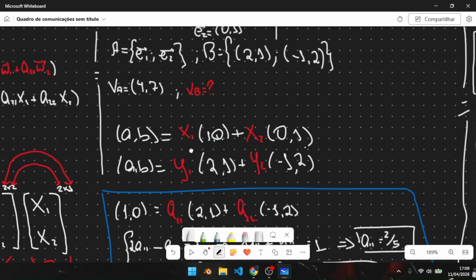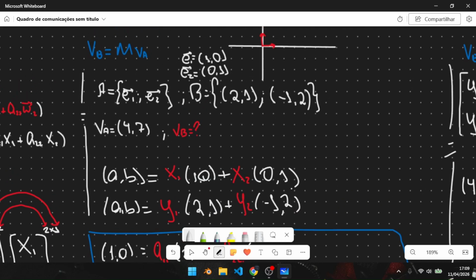What is actually necessary is that you take the answer to this question here. What is VB if we have VA here and we have these two bases? The start to the answer is we need to express each one of these vectors as a linear combination of these vectors.